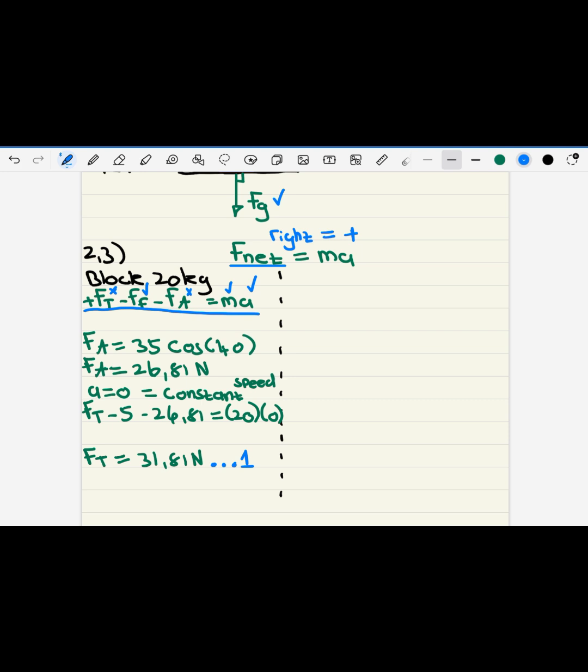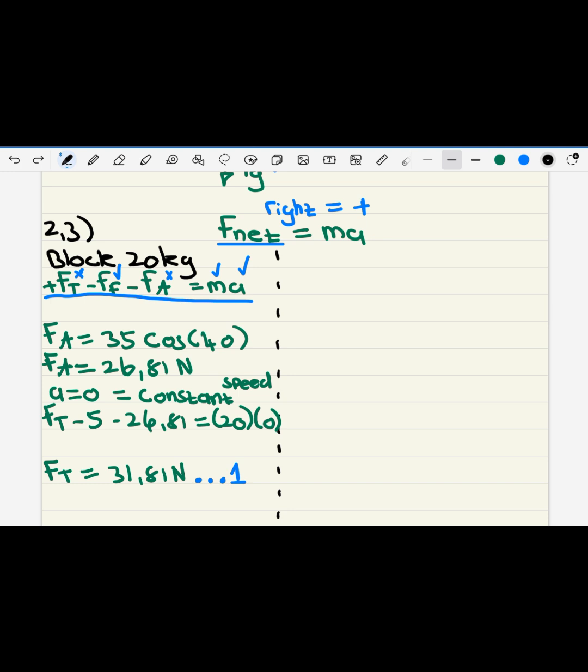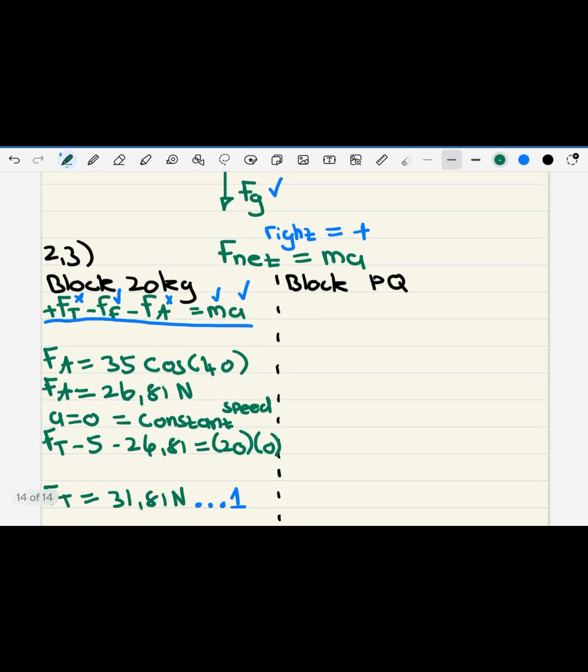Moving on to the right-hand side. To label this block PQ, or you can label it block M, but I like PQ. What are we going to do? We're going to once again break F net down into its subcomponents. There is no free body diagram, but we can think about it.